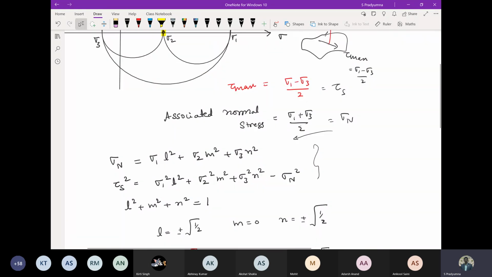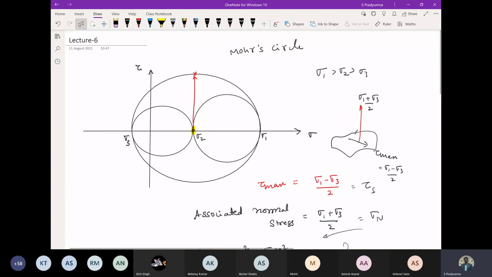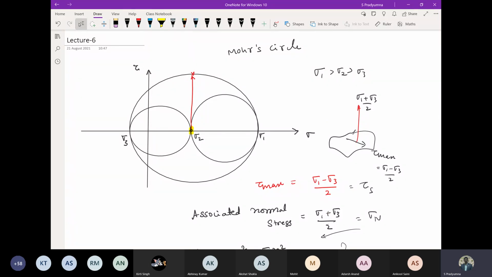Now, if I come back to this Mohr circle, we know that we solved a cubic equation from the characteristic equation and found the values of sigma 1, sigma 2, sigma 3, which are the roots of the cubic equation. It is possible that we have one unique value and sigma 2 and sigma 3 are equal, or sigma 1 and sigma 2 are equal.